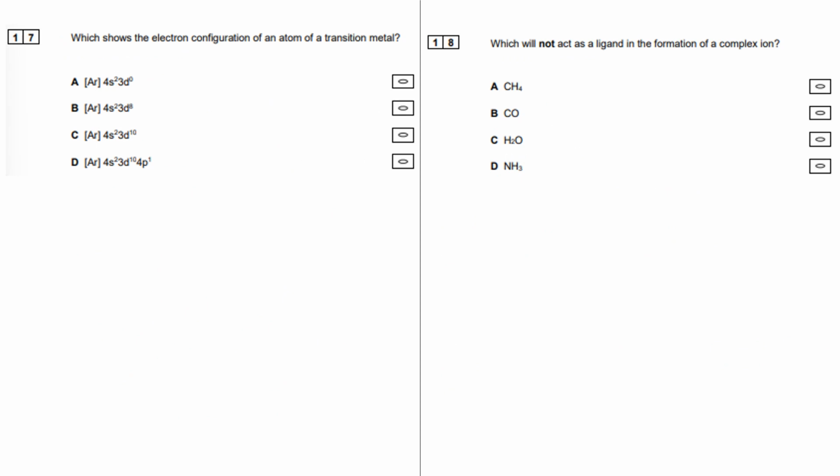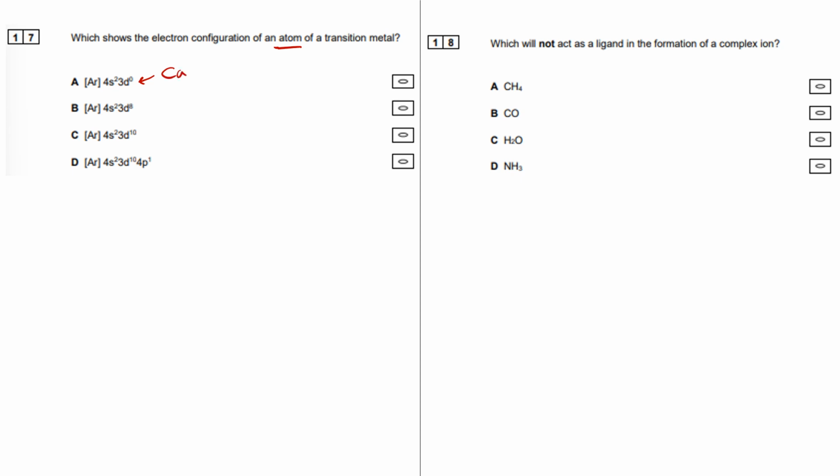Question 17. Which shows the electron configuration of a transition metal? A transition metal is in the d block of the periodic table. So if these are atoms, we can automatically rule out A, which ends in 4s2, it's in the s block. A is calcium.